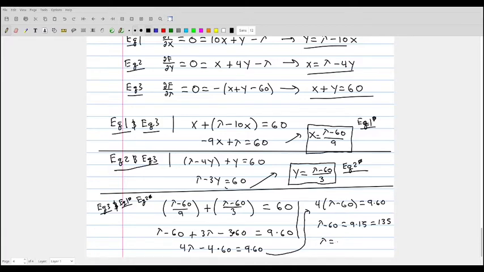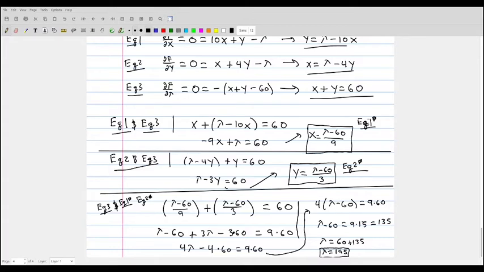So lambda is equal to 60 plus 135, or 195. So our Lagrange multiplier for this problem is 195.